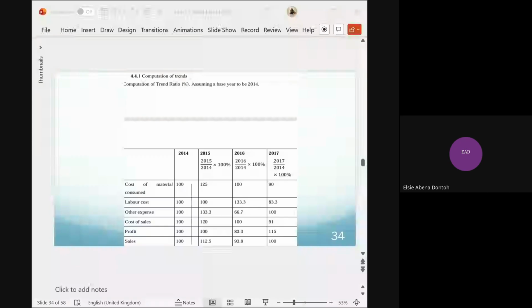So you can see it's fluctuating. It increased in 2015 by 20%. It reduced by 20 in 2016, and then it decreased further to 91 in 2017. So from the trend, we can see that it's fluctuating.